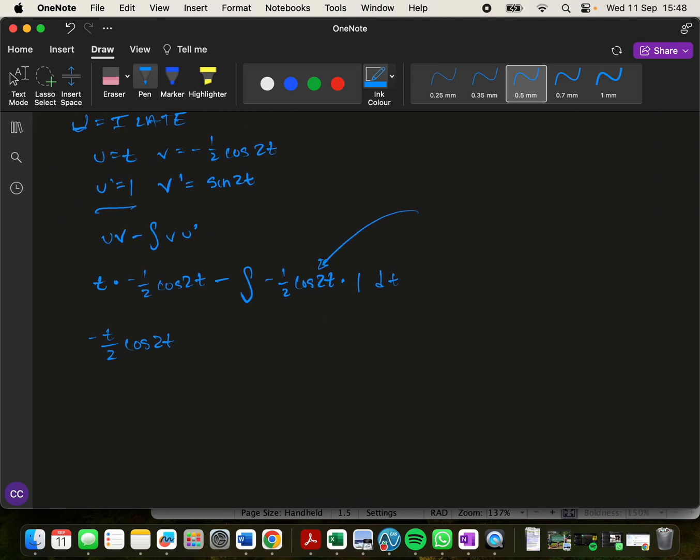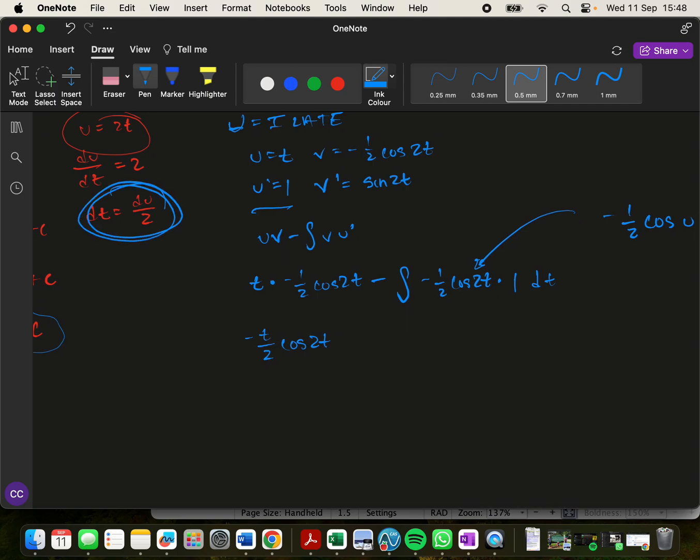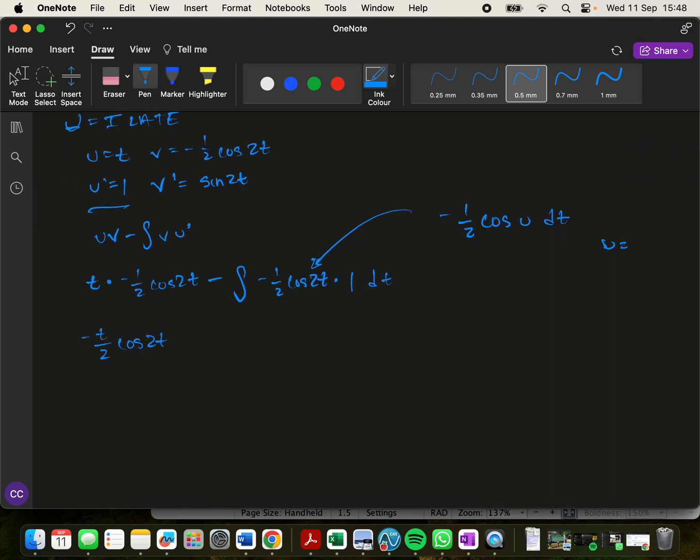To do this integral, we've got to do that same u sub. So negative 1/2 cosine of u dt. My u is the exact same u as here. So this would turn into negative 1/2 cosine of u du over 2.